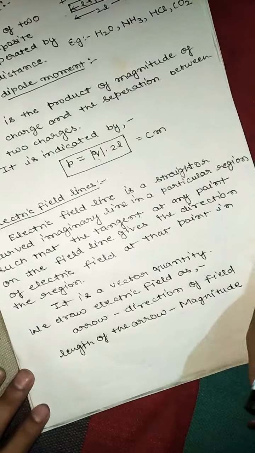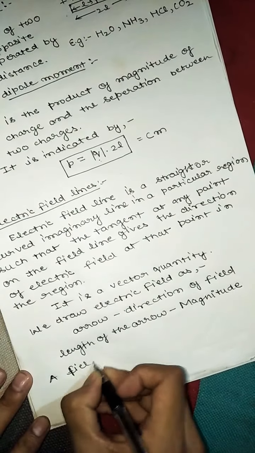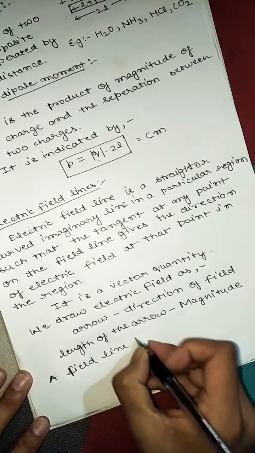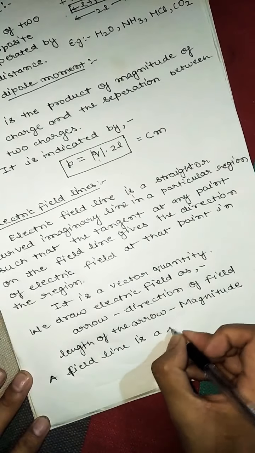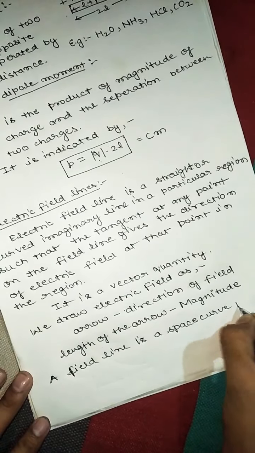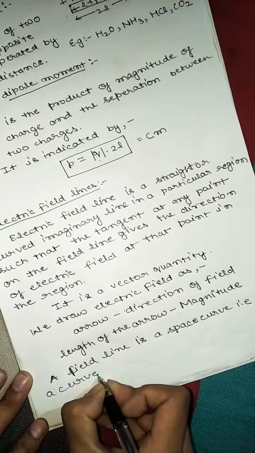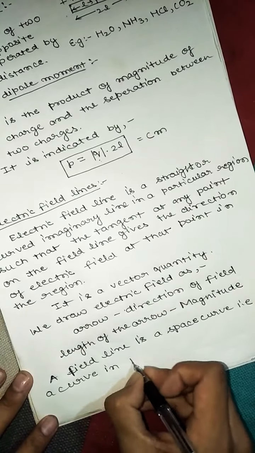So we can say that a field line is a space curve, that is, a curve in three dimensions.